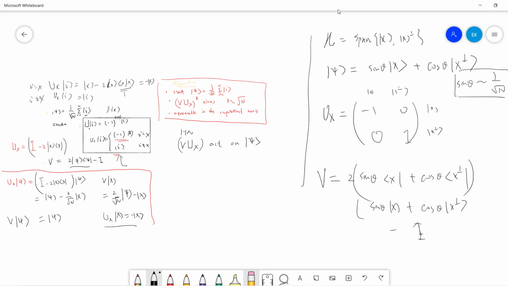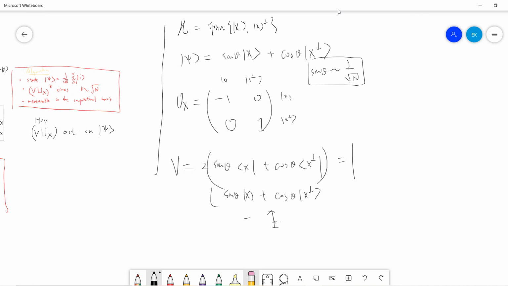So this is the identity. Combine all this: 2 cosine square theta minus 1, 2 sine theta cosine theta, 2 sine theta cosine theta, and then 2 cosine square theta minus 1. So this is cosine 2 theta, sine 2 theta, minus sine 2 theta, cosine 2 theta.